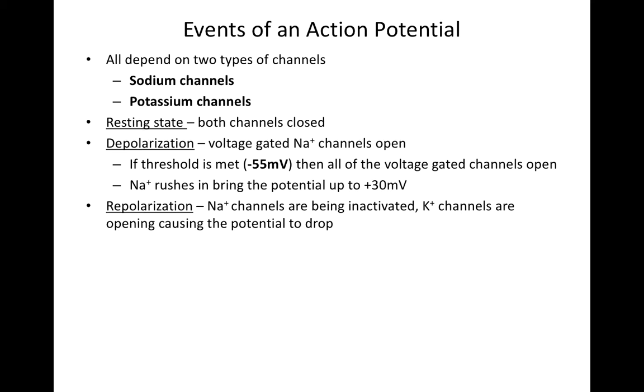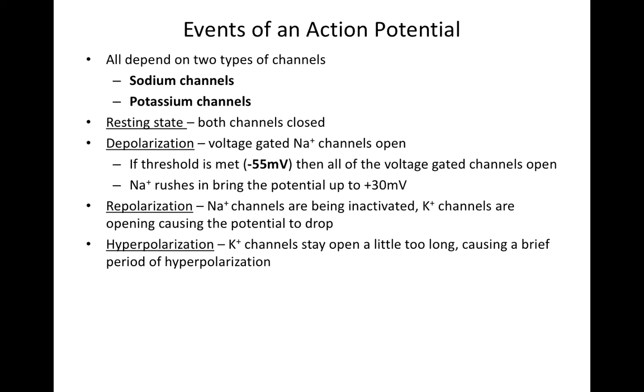So we had a bunch of sodium coming in during depolarization, and it got to the level of positive 30 and inactivated our channels, but the potassium channels finally opened, so now potassium is leaving the cell. And because we're losing a positive ion, our potential is dropping back down.